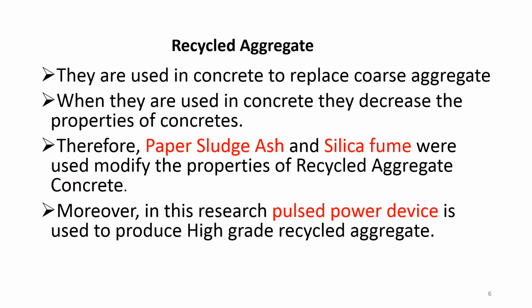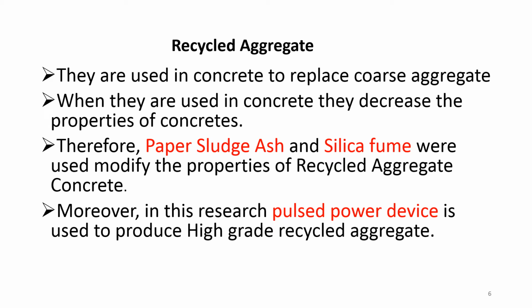Waste concrete can be recycled, and when we recycle waste concrete, recycled aggregate can be produced. It is used in concrete to replace coarse aggregate. When recycled aggregate is used in concrete, the properties of concrete can decrease due to the high water absorption of recycled aggregate.